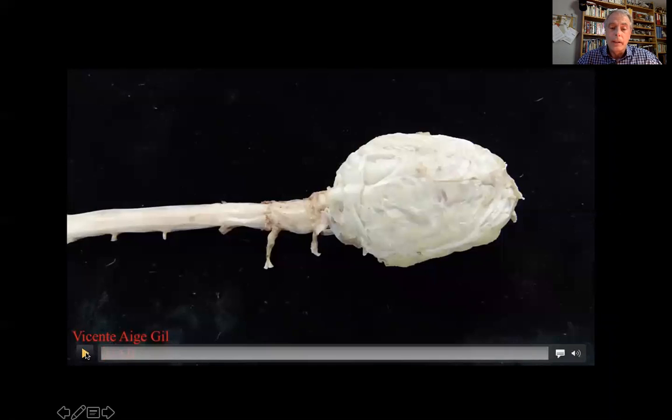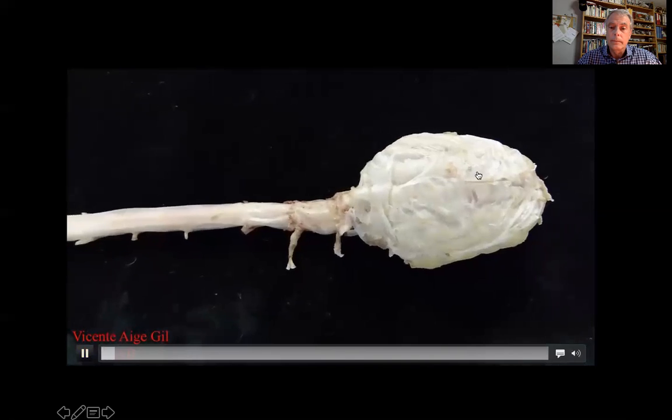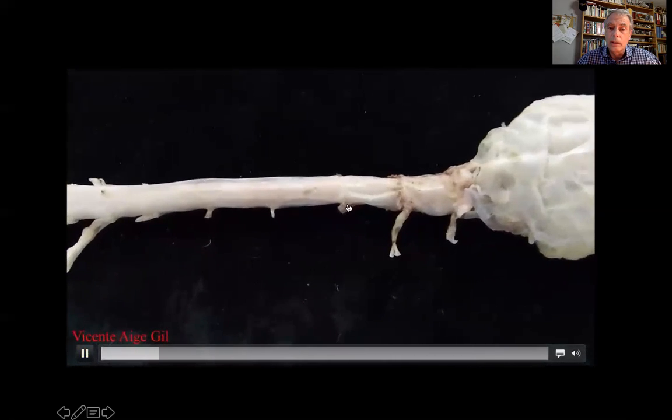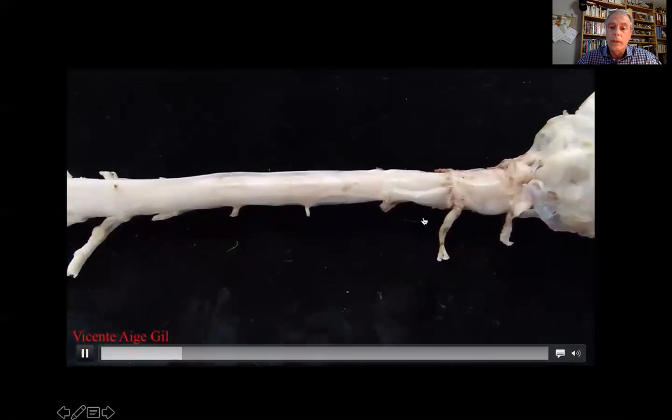Here you have a video where there is the encephalon and the spinal cord covered by the meninges, and the outermost meninge is the dura mater, the thicker one. As you see, the meninges also cover the roots of the spinal nerves.